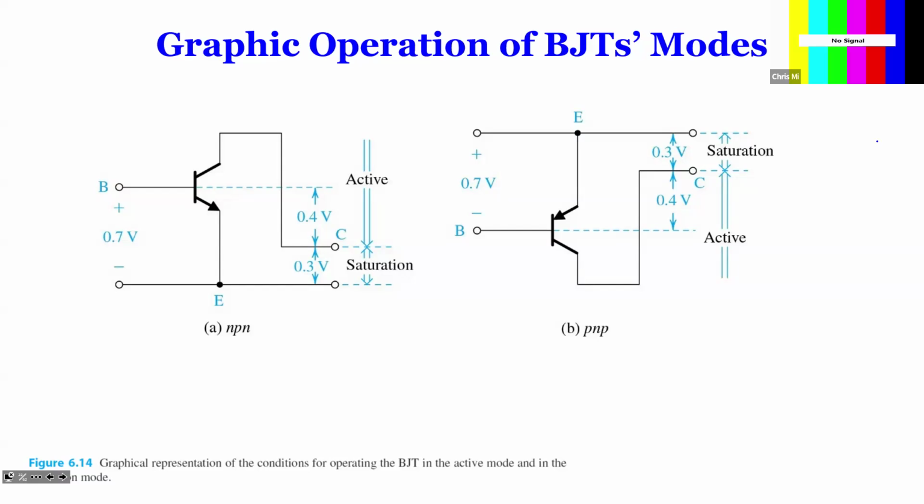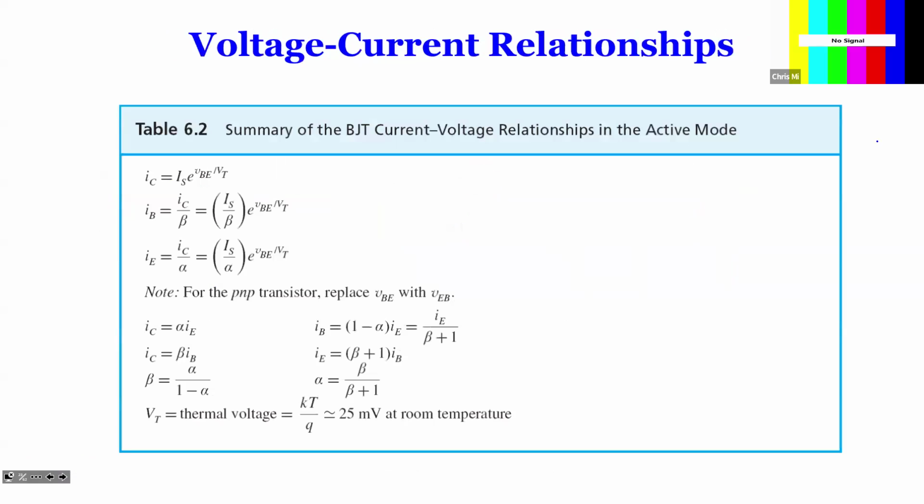If VEC is 0.3, it's between saturation and linear mode. But if VEC is more than 0.3, it's active. And it can be much more. It can go like 0.7, 0.8, 4, 5, 6, 7, depending on what voltage you have at the bottom. So this is just for illustration purposes only. It doesn't really go through a lot of those.